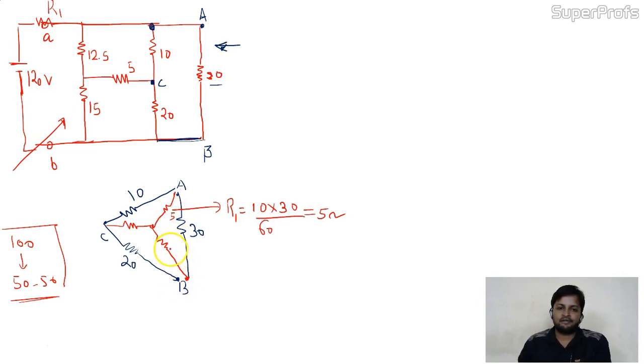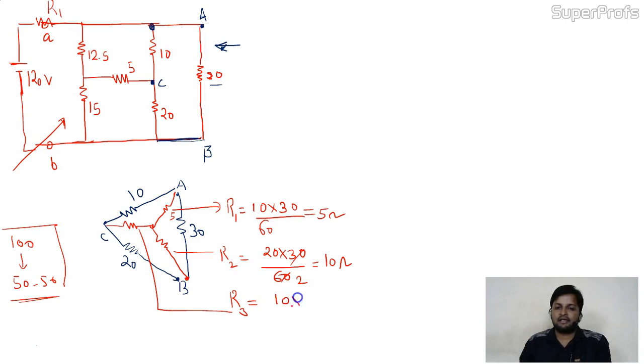What about this? Take it R2. R2 is nothing but 20 into 30 divided by 60, which is 10 ohm. Come here. Suppose this is R3. R3 is nothing but 10 into 20 divided by 60. So this one is 10 by 3.